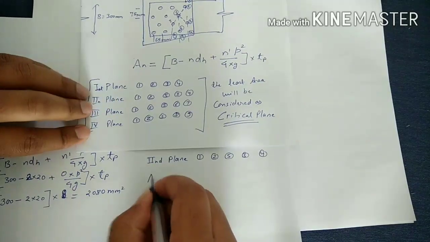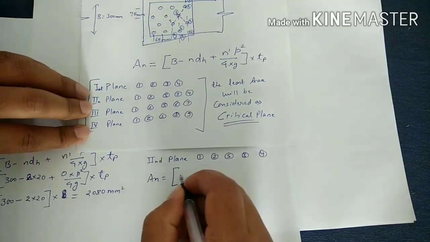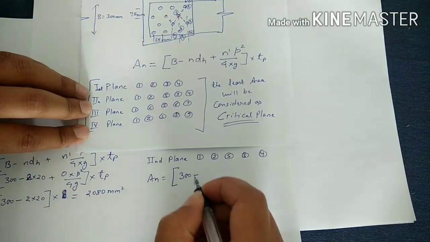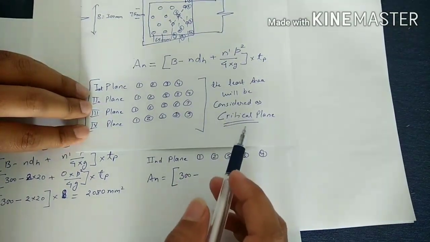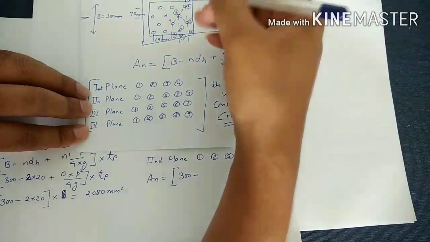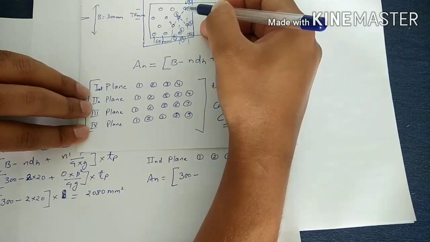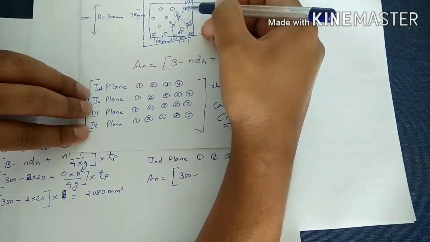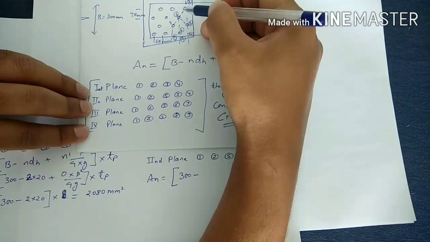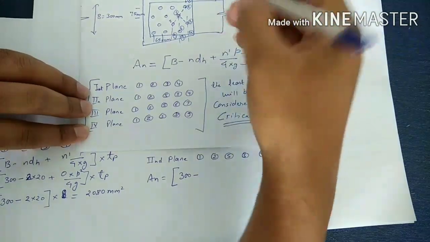Therefore AN will be equal to 300 minus N, the number of bolts. The number of bolts here is 1, 2, 3.